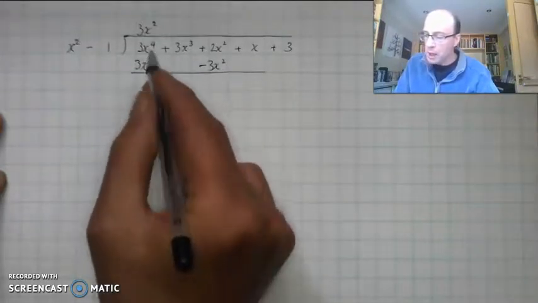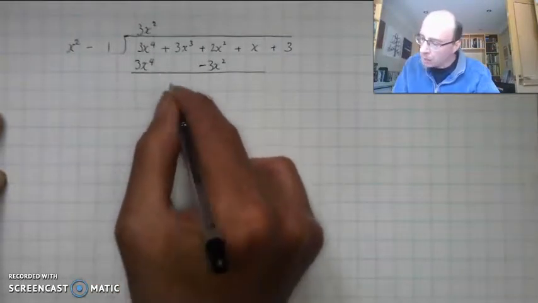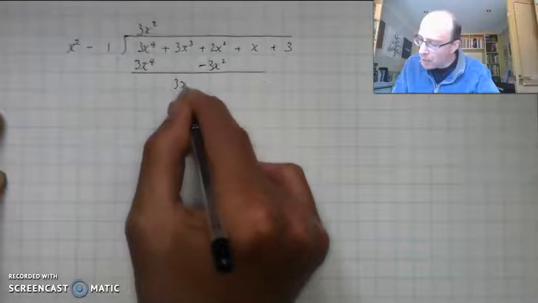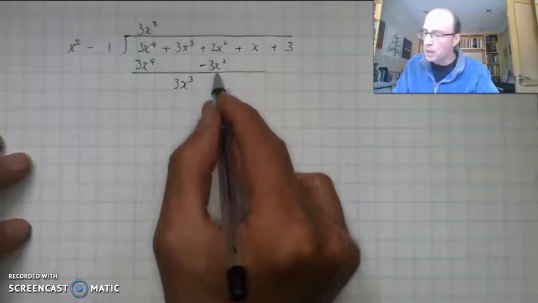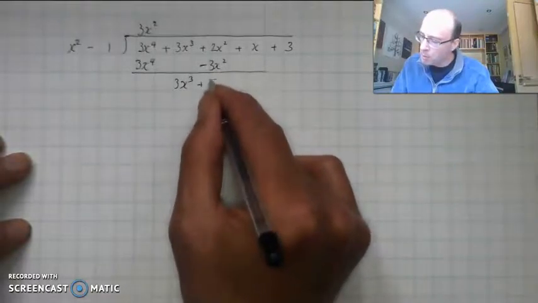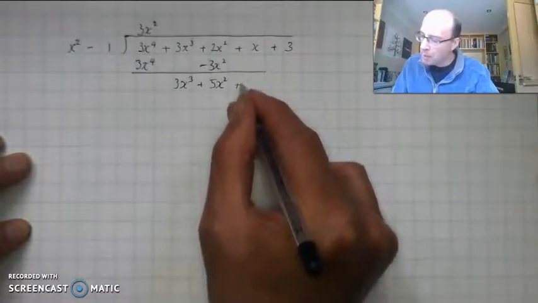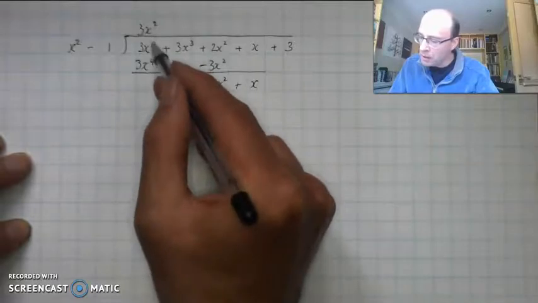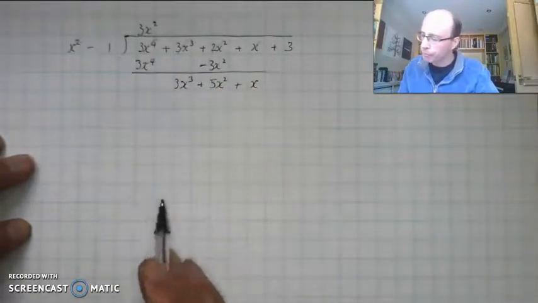So I'm going to do the subtraction. 3x to the 4, take away 3x to the 4, that's going to cancel. I'm going to be left with my 3x cubed in here. And I've got 2x squared, take away negative 3 lots of x squared, so that's going to give me plus 5x squared. And I'm going to bring down my x. So I've actually used all 4 of those terms.